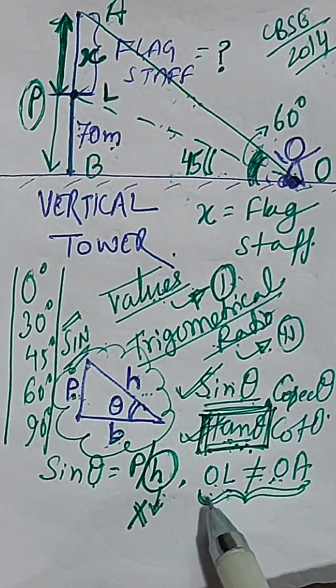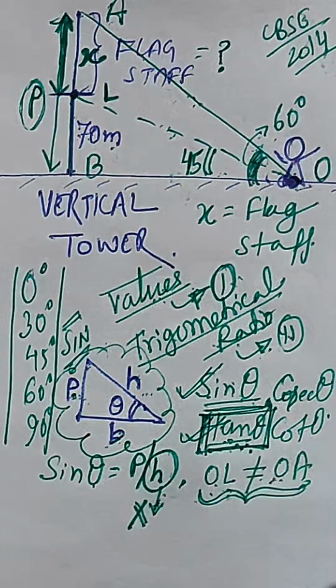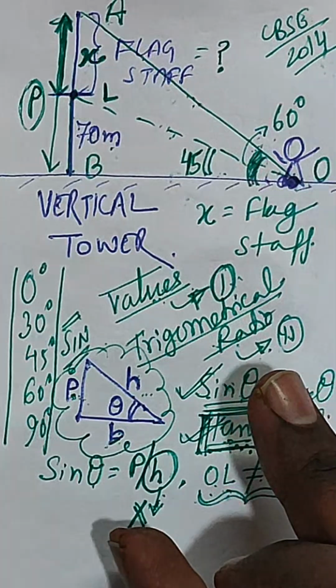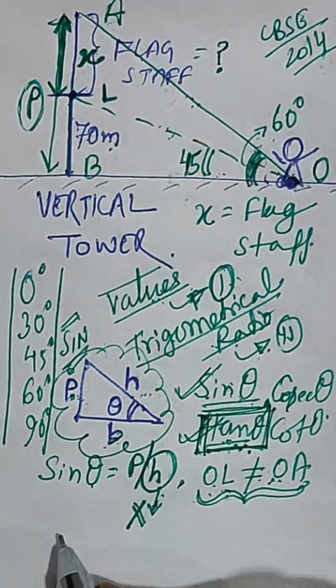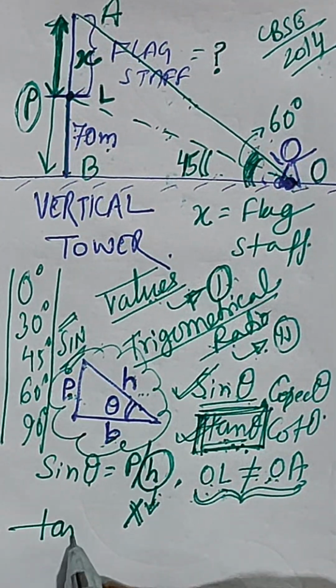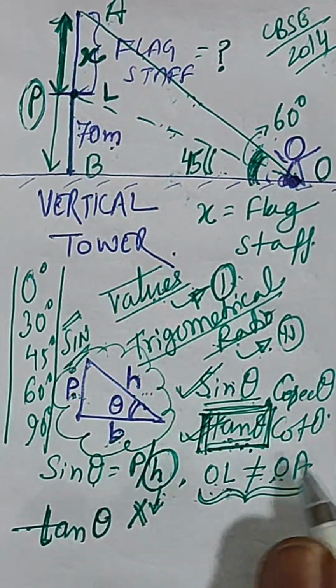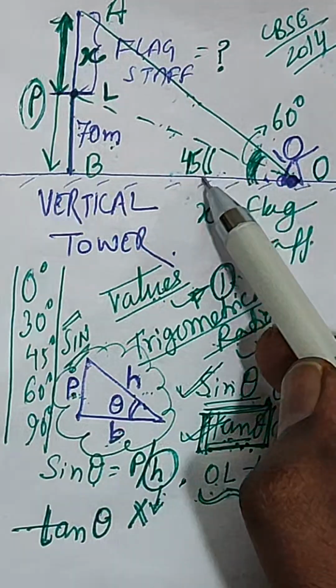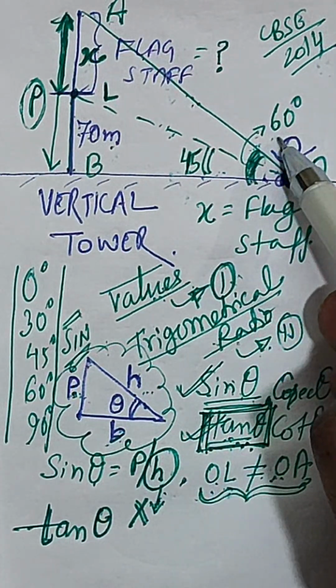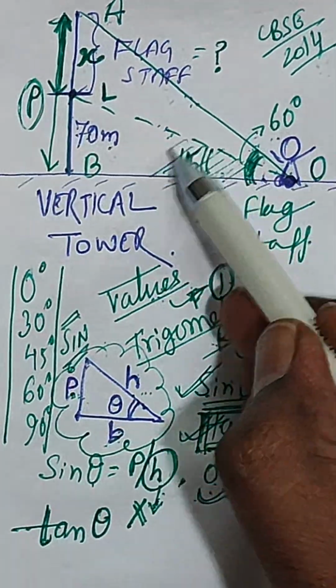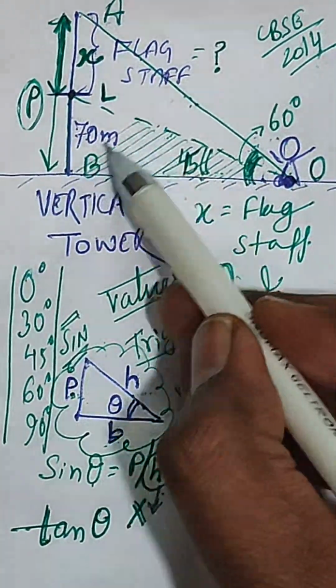So here we are going to use tan theta, and you understood perfectly how we decided what to use, right, my dear friends? So we are going to use tan theta for either 45 or 60. But we are taking the smaller triangle, this one, OBL, this is the OBL triangle.